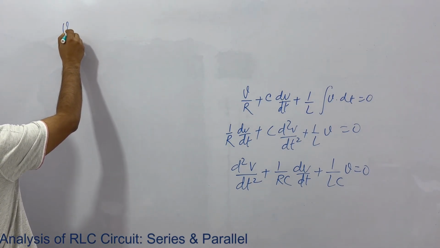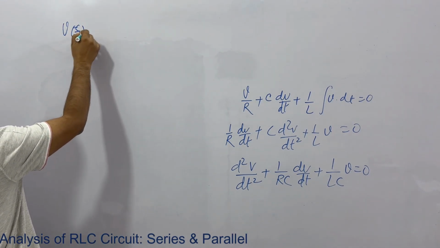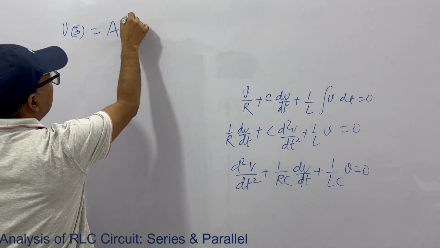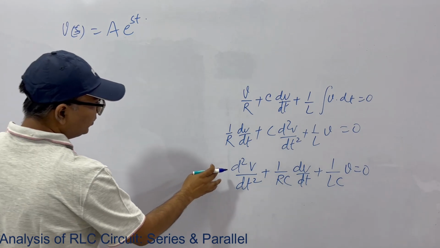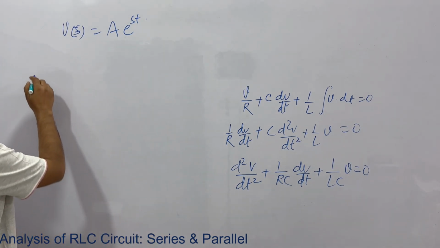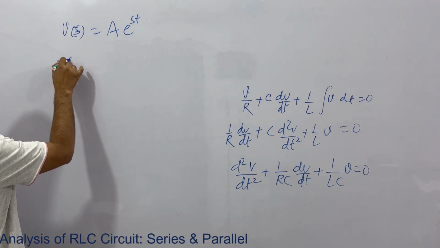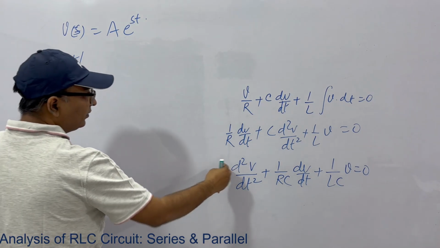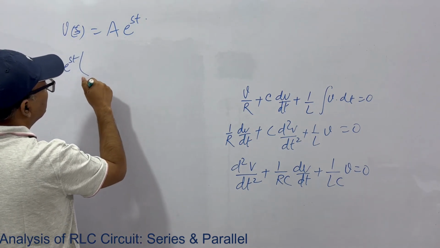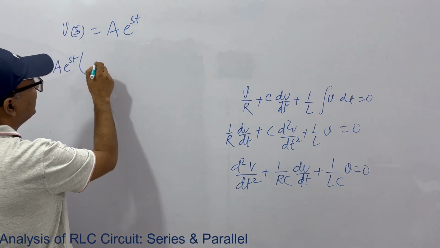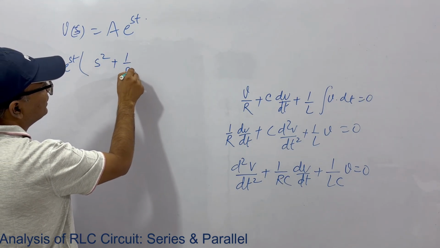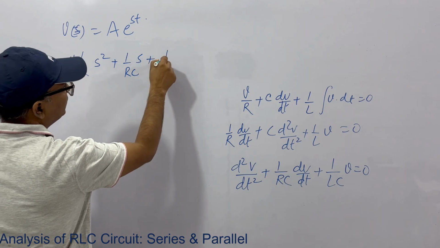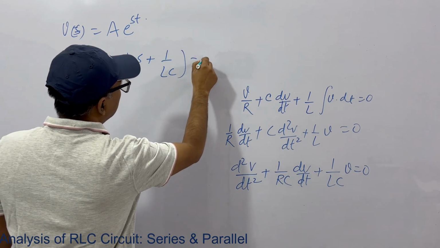Let's say V as a function of t is A e to the power st when we apply Laplace transform. So when you apply Laplace transform to this, you will have A e to the power st into, we'll take V out. So this becomes s2, this is second order. This becomes 1 by RC s, and this is 1 by LC equal to 0.